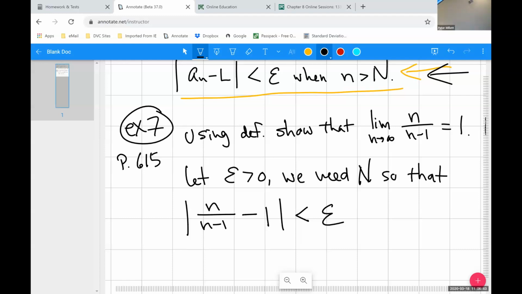So we get to make the little n value as big as we want, bigger than some arbitrary number N, to make this less than epsilon. And then we have to figure out what that would be.